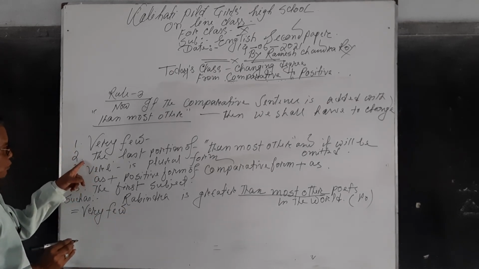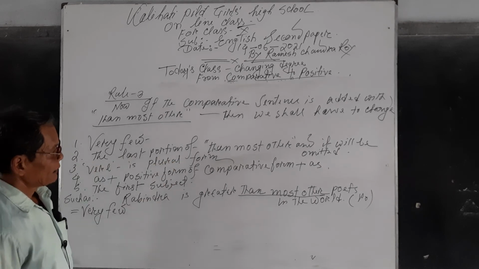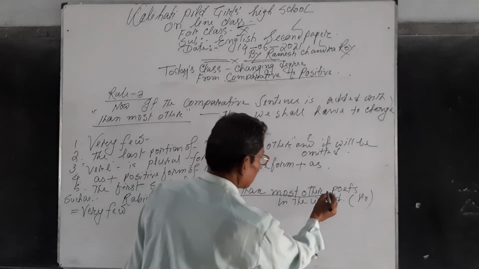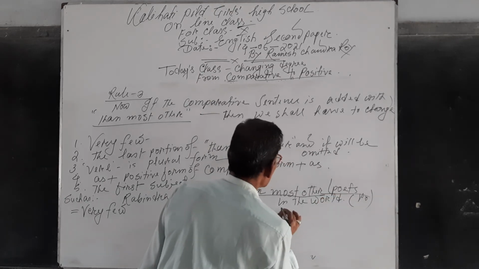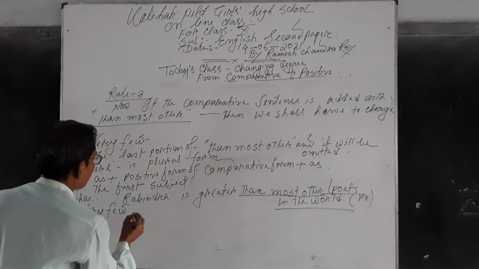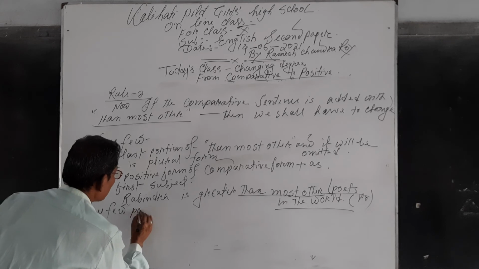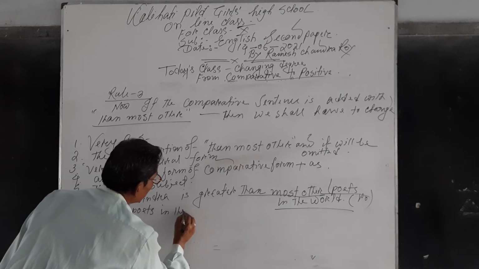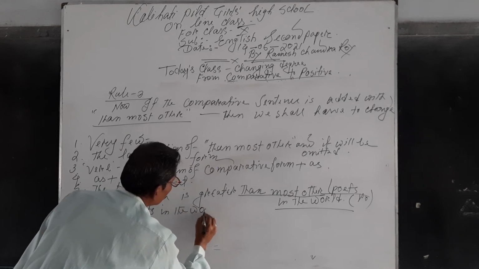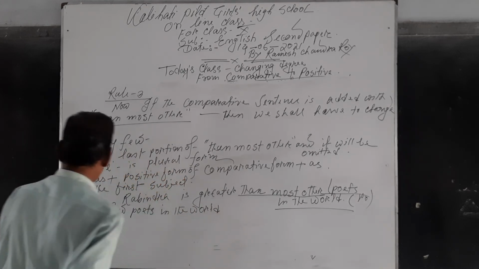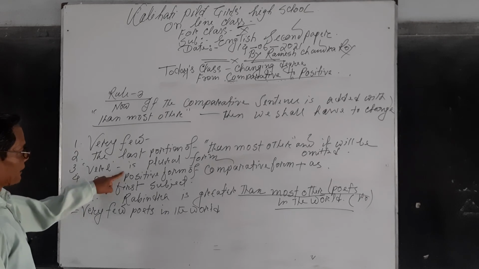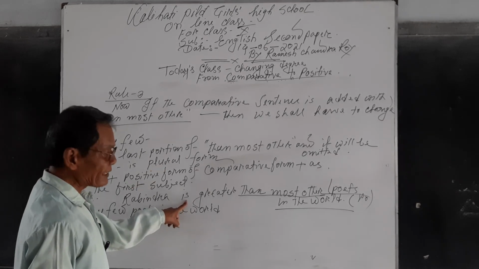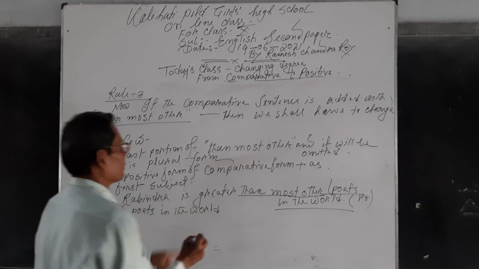Number two, the last portion of than most other: poets in the world. Number three, verb in plural form. Here the verb is singular is, but now it will be are.